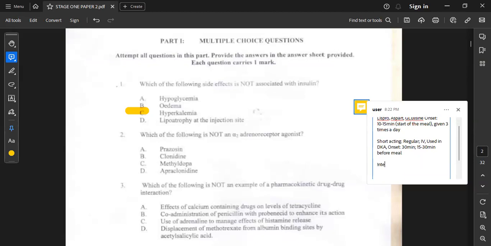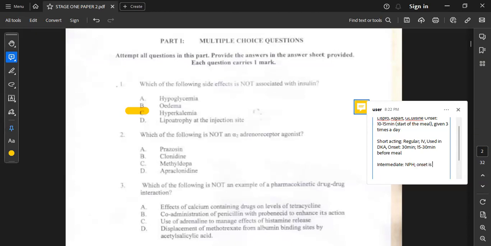Then the intermediate, the NPH. Anything special about this one?